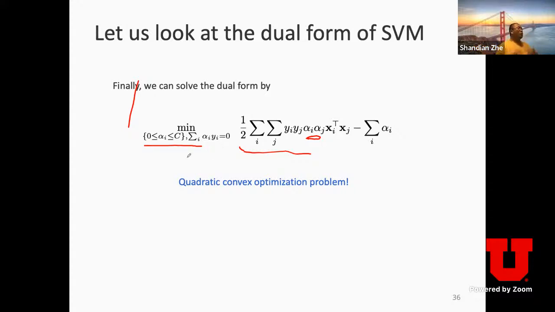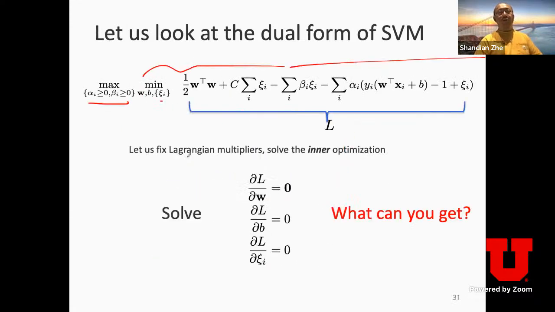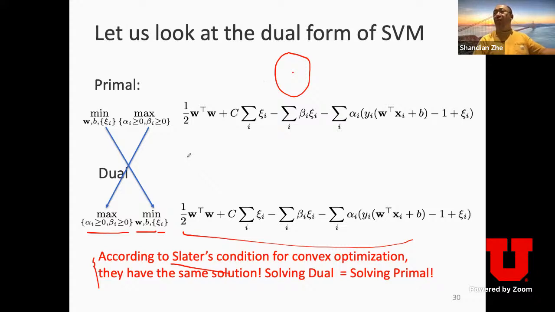Then we have derived the dual form of SVM. The whole derivation procedure is kind of tedious, but it is actually pretty simple at every step. We just construct the primal form of the original soft SVM formulation, and switch the order of max and min, and we get the dual form. Then we try to simplify the dual form by fixing the outer level and solving the minimization problem in the inner level.